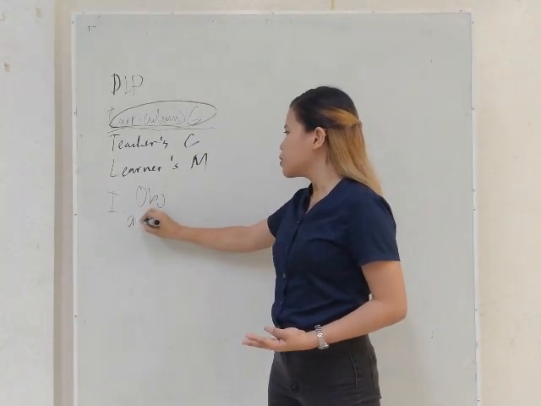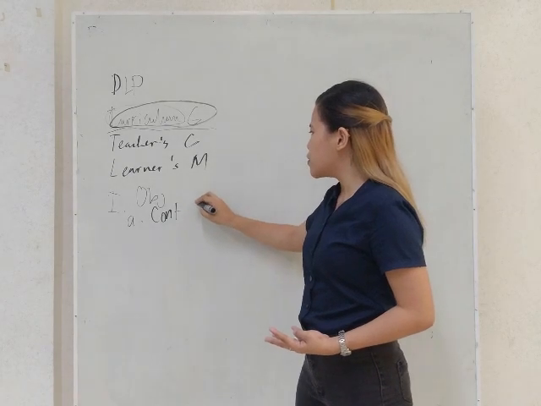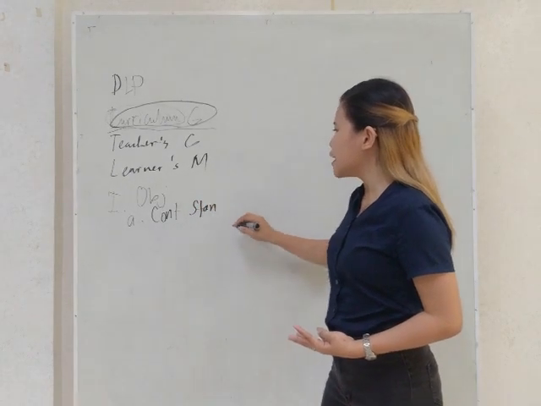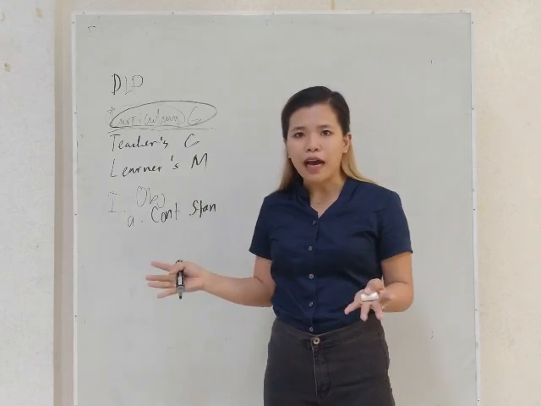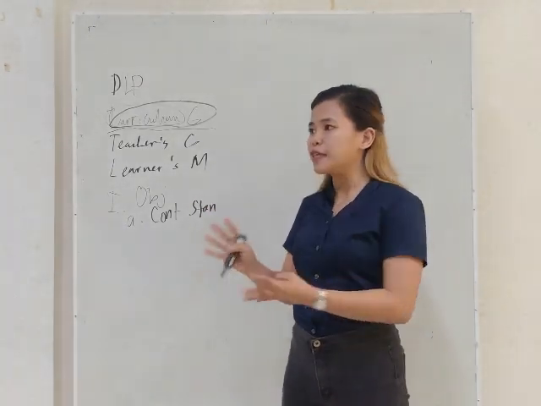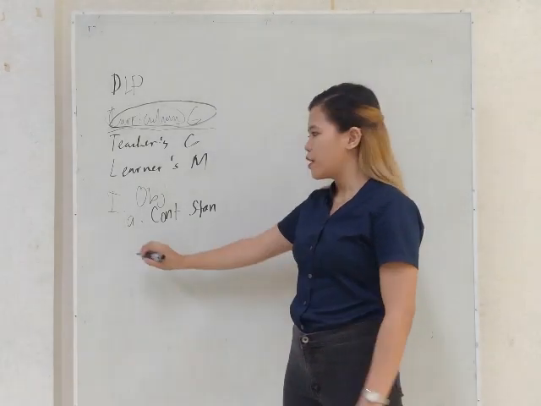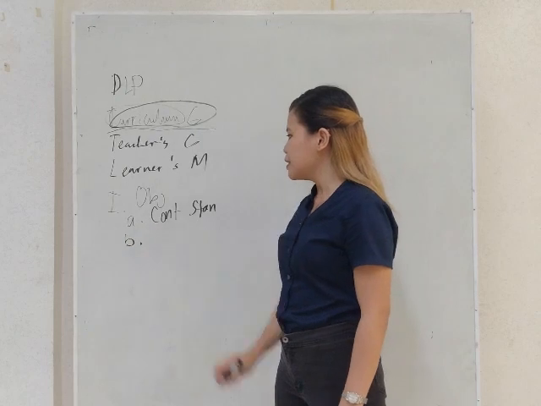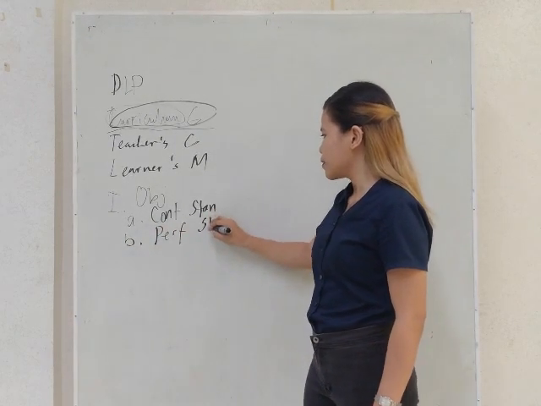It has, number one, the content standards. The content standards determine all the facts, the knowledge, the concepts, and the principles that a student must know. And next to that is the performance standards.